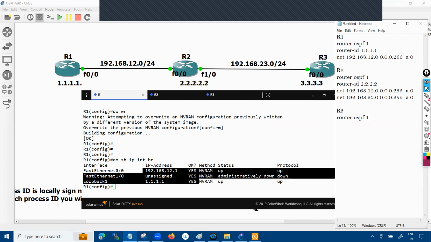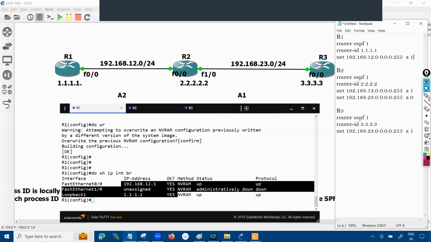Router OSPF now again. 3.3.3.3, network 23.1.1.0, and here we go. I'll also do one thing, guys. Okay, I'm so sorry, my bad. It should be area number 1. I think I'm wrong. It's area 2, sorry. So it's area number 2.